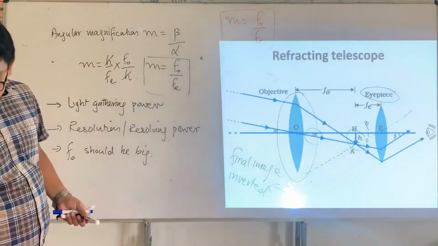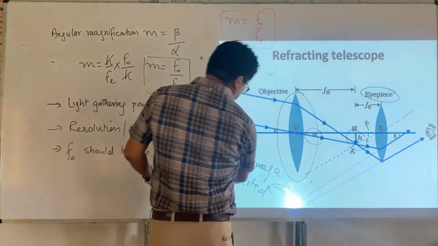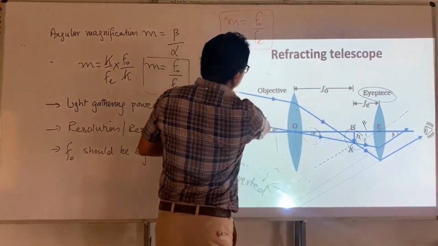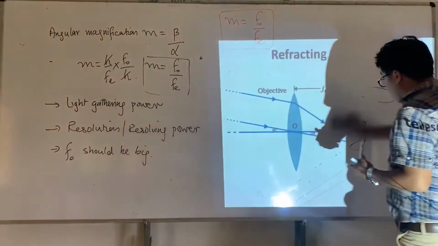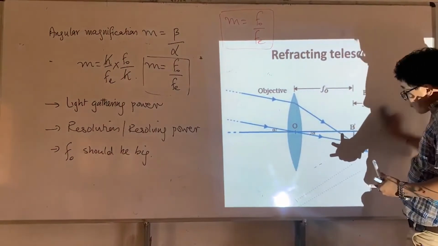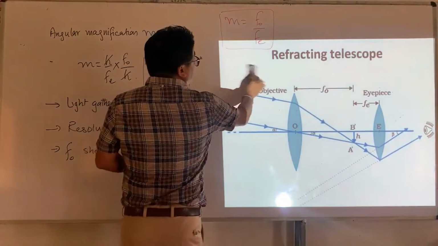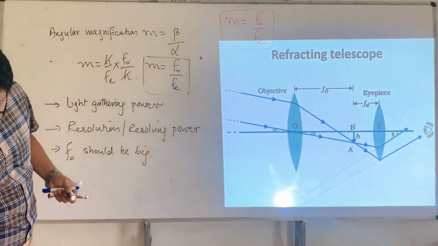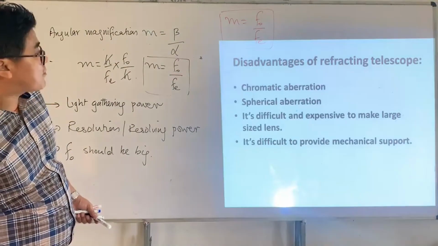And then again, we can't go on and increase the objective length. This is the problem, this is the limitation. So in the case of refracting telescopes, I can't go on and increase the objective length. Why? Because there are a few limitations. So the disadvantages of refracting telescopes.